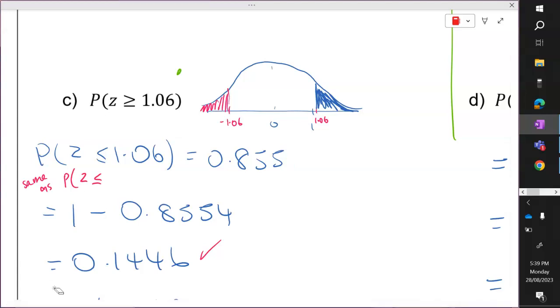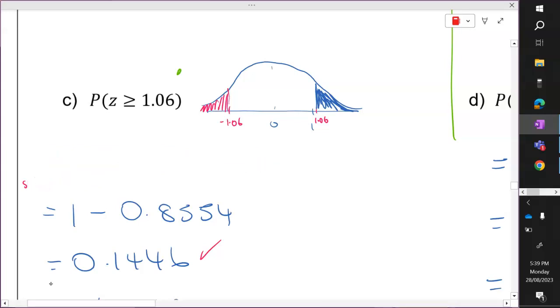Let's rejig that. So the probability of Z being greater than 1.06 is the same as we're going to have Z values less than or equal to minus 1.06.